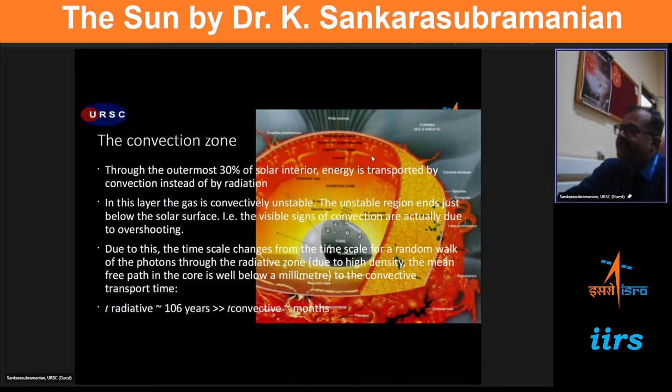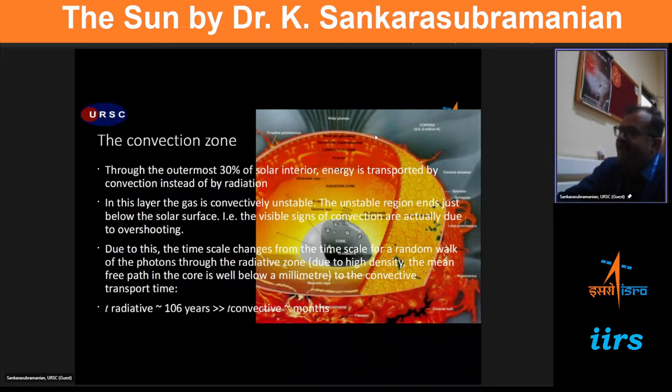What you see here are cells of different scales and sizes. They are the convection cells, which take the energy from the bottom layers to the next layer, and that's how convection carries the energy from the interior to the outer layers.